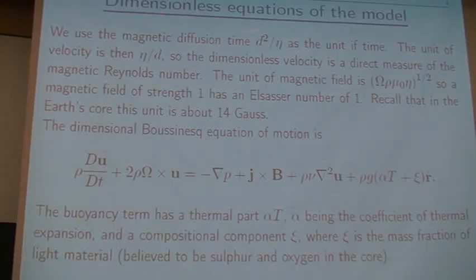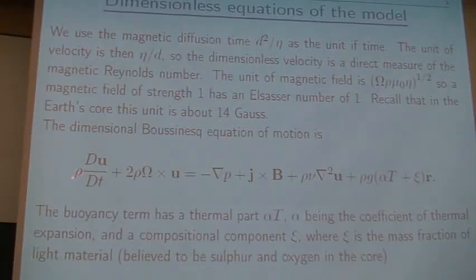Now, again, I'll go through this rather rapidly, but it is important. These are the dimensionless equations of the model we're actually using. We're in magnetic diffusion time now because we're doing full dynamo simulations. And recall that a strength of 1 unit of magnetic field corresponds to about 14 Gauss, or 14 times 10 to the minus 4, which is the unit in Tesla.